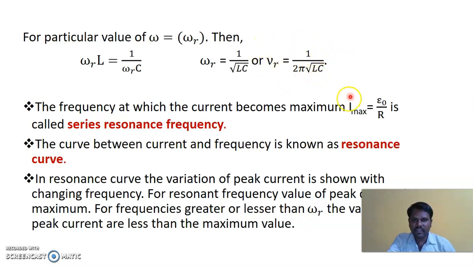This frequency is called the resonance frequency. The frequency at which the current becomes maximum is called the series resonance frequency. And if you plot a graph between the current and the frequency, it is known as the resonance curve.